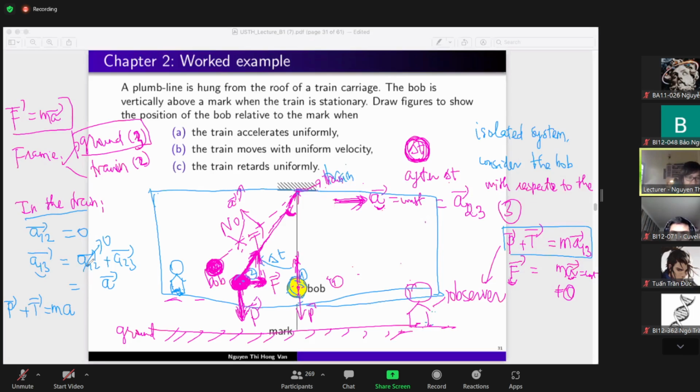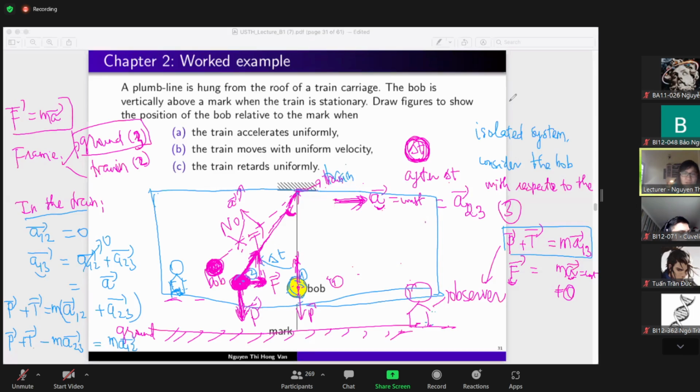But A13 is equal to the sum of A12 plus A23. A12 is the acceleration of the ball with respect to this observer, right? So from here I have P plus T, and I get this going to the left. M A23 equal to M A12. Do you agree with this equation?